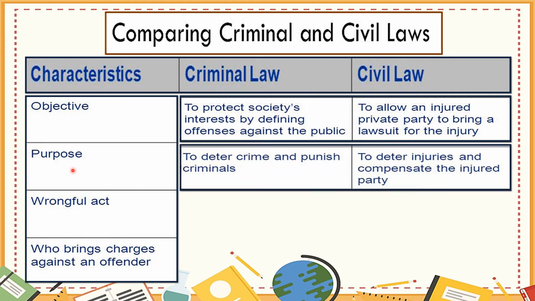Next, purpose, to deter crime and punish criminals. When you say deter, it means to stop. And in civil law, to deter or stop injuries and compensate. When you say compensate, you need to pay or you will be fined. You have to give a certain amount to the injured party or to the victim.